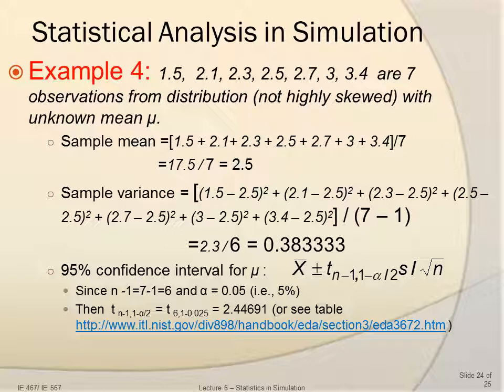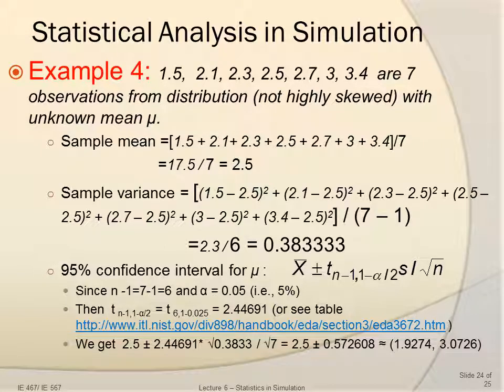You would need to use T.INV, which is the inverse of the t distribution, because that's a critical value. Alternatively, you could see this link to this table from NIST.gov, which is also included in your module. So you can look up the link in your module and see the table.